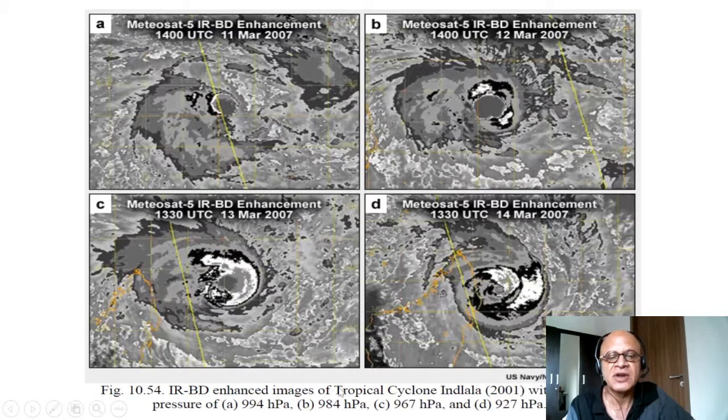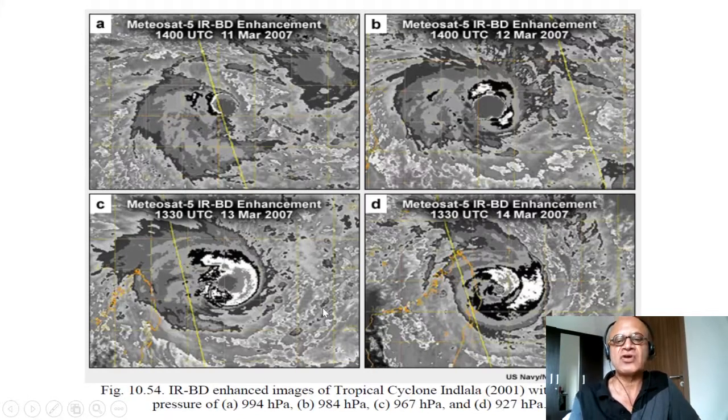So here are the IR BD enhanced images of a tropical cyclone, Lala, with central pressure of 994, 984, 967, and 927. So originally there is not a very well defined eye, but at some point you can see there is a low, of course, but then eventually the eye gets formed as the pressures obviously drop pretty sharply from 994 to 927.